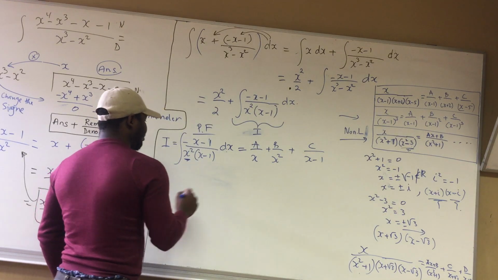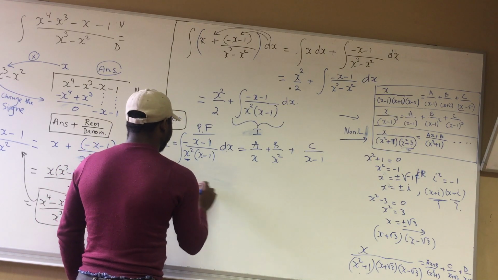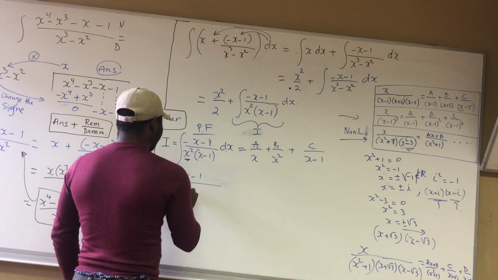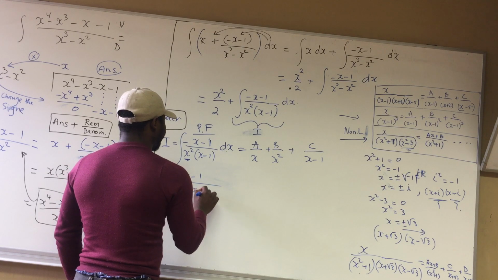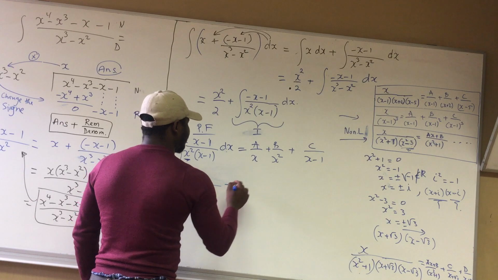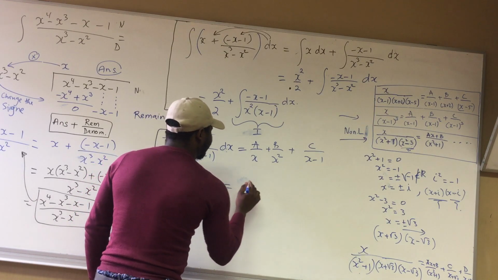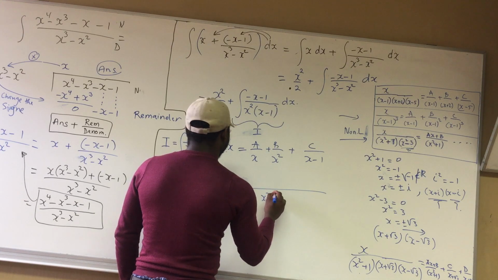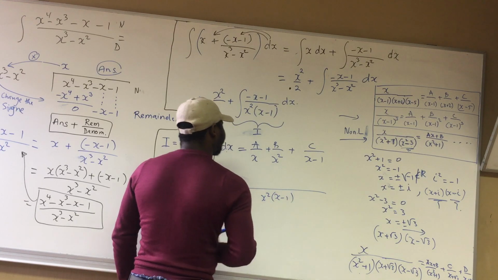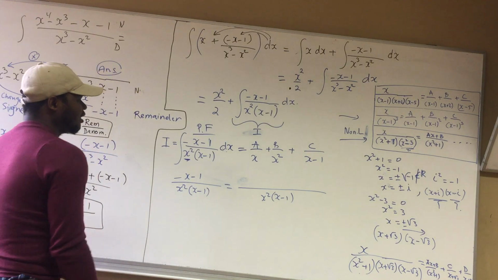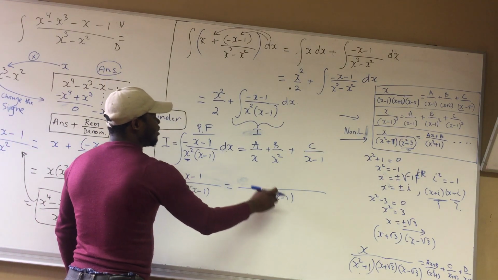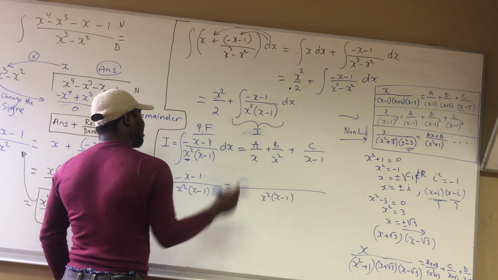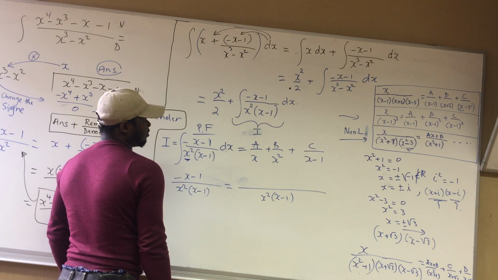The next step will be to find the common denominator. I have minus x minus 1 over x squared, x minus 1, equal to... I have to find the common factor, which is x squared, x minus 1, right? It's going to give me this divided by x multiplied by a.